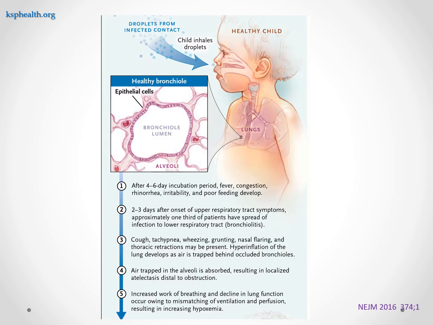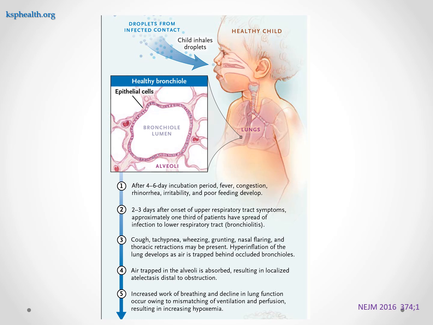The disease progression occurs like this. Child inhales the droplets. After a 4 to 6 day incubation period, the child develops fever, congestion, rhinorrhea, irritability, and poor feeding. 2 to 3 days after the onset of URI symptoms, some develop infection in the lower respiratory tract.